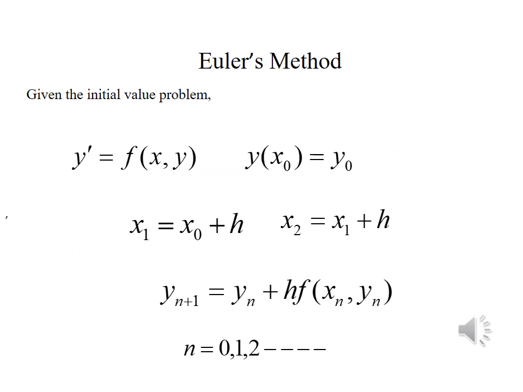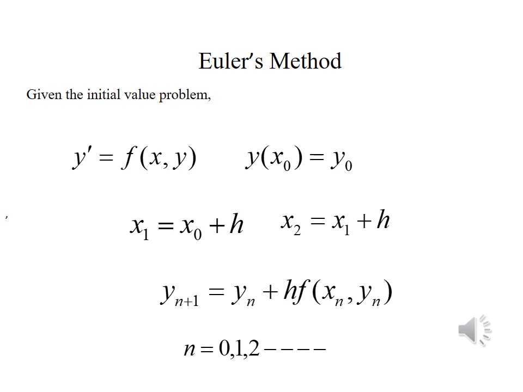Now let us see a numerical method to solve an initial value problem, that is a differential equation with an initial condition. First of all we study Euler's method for solving an initial value problem. In this we take an x0 initial value, which is given in the problem itself.